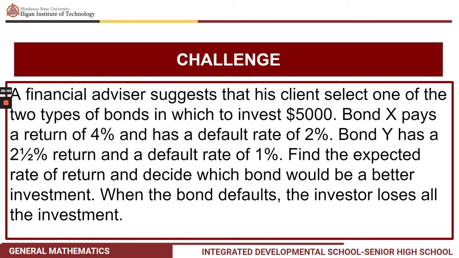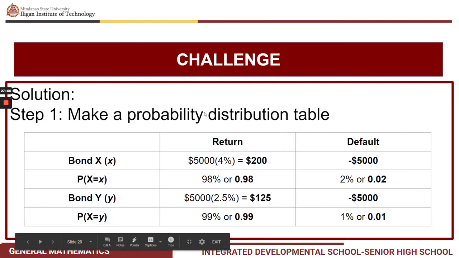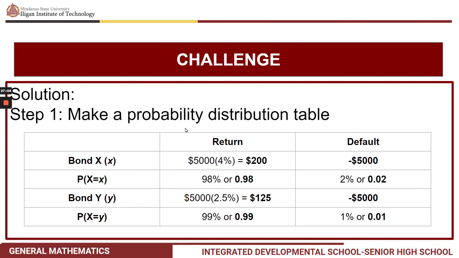Okay, so I believe na may answer na kayo. So let's try to check if correct ba yung answer. So first step is to, again, make a probability distribution table. So yung outcome ng pag-invest mo is possible na okay at may return ka na nakuha, or pwede rin na na-default, or nawala yung investment mo lahat.